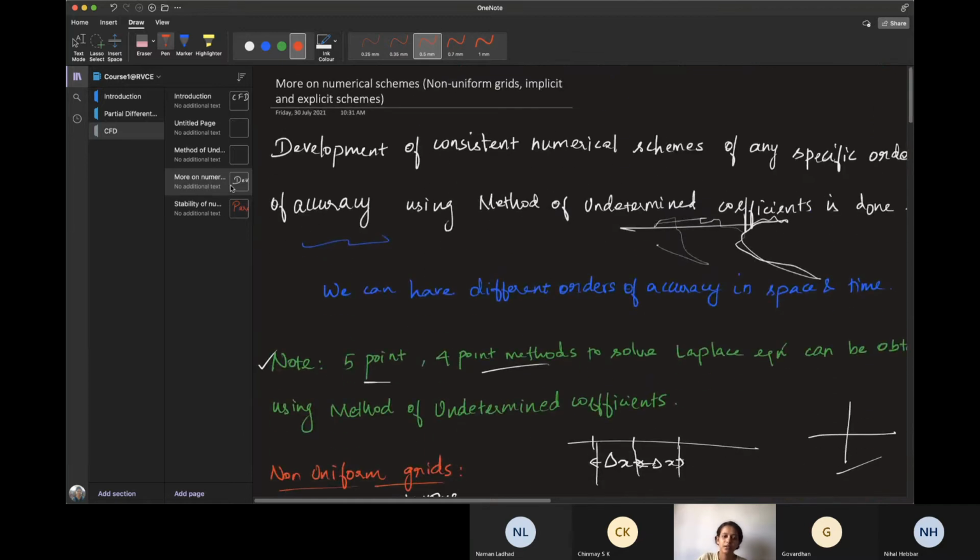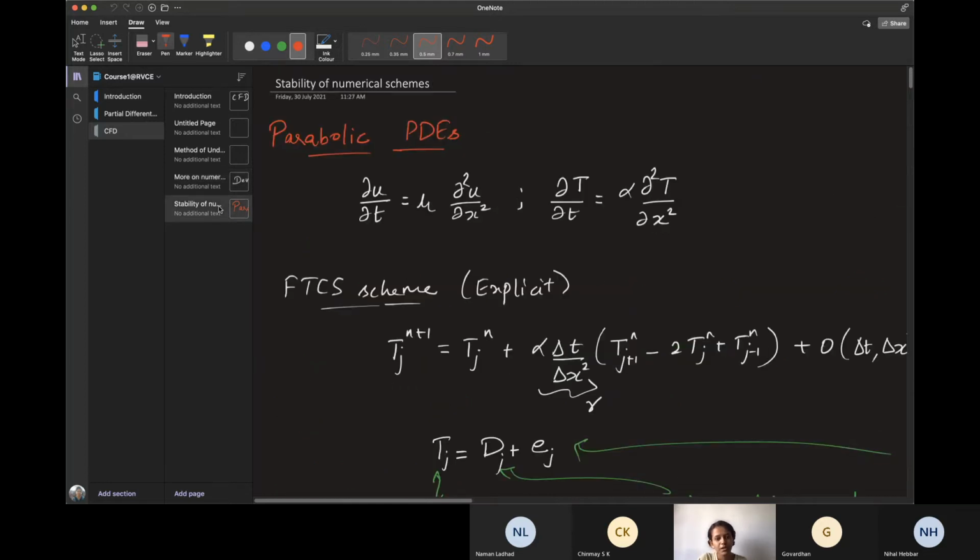Now that you're introduced to explicit and implicit schemes, we can go about doing stability for different kinds of PDEs. We'll start with parabolic PDEs initially. Any doubts until here? As of now, you know how to get consistent numerical schemes using the method of undetermined coefficients.